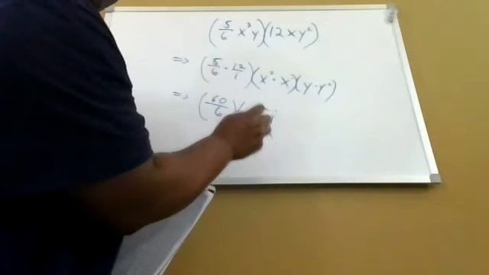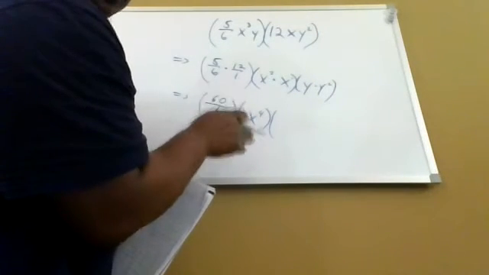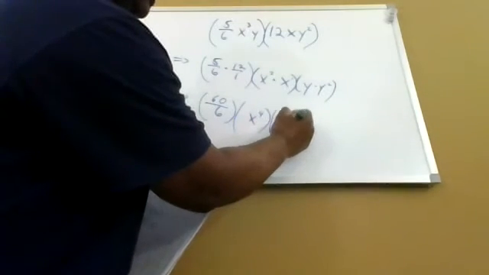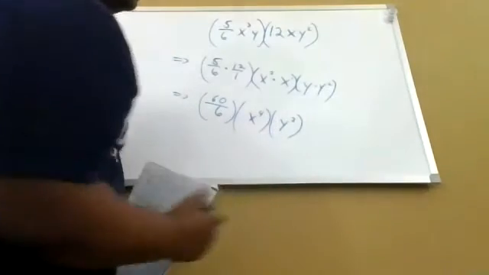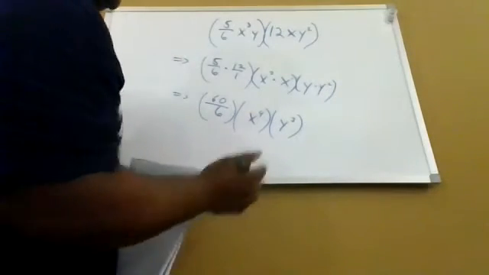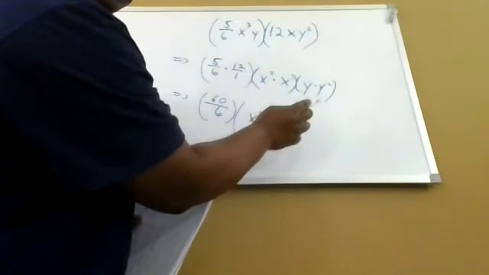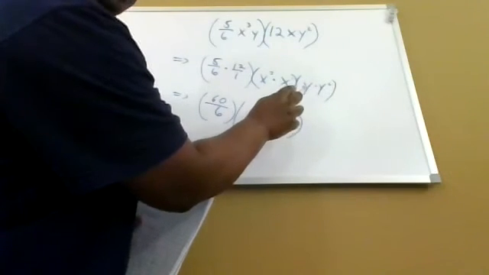And last, when I multiply y times y squared, it is going to be y to the third power. Because when the variables are the same, when I multiply, I just add my exponents.